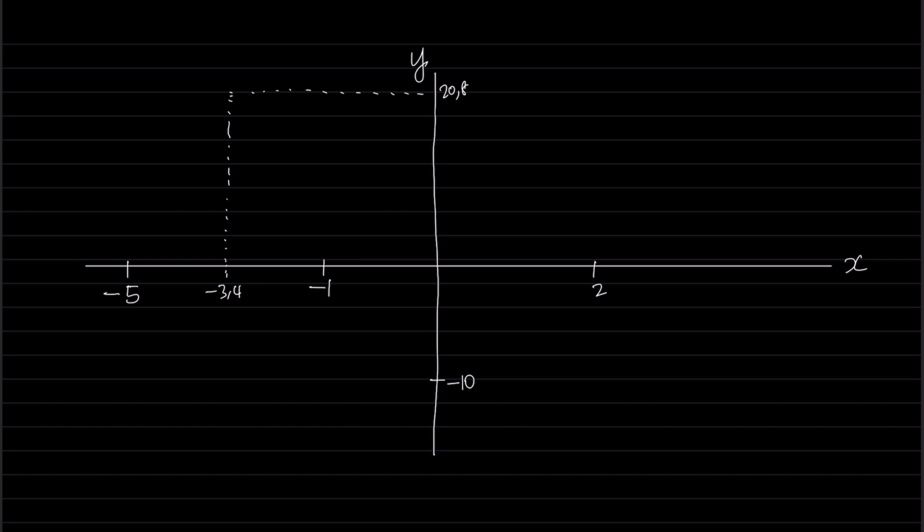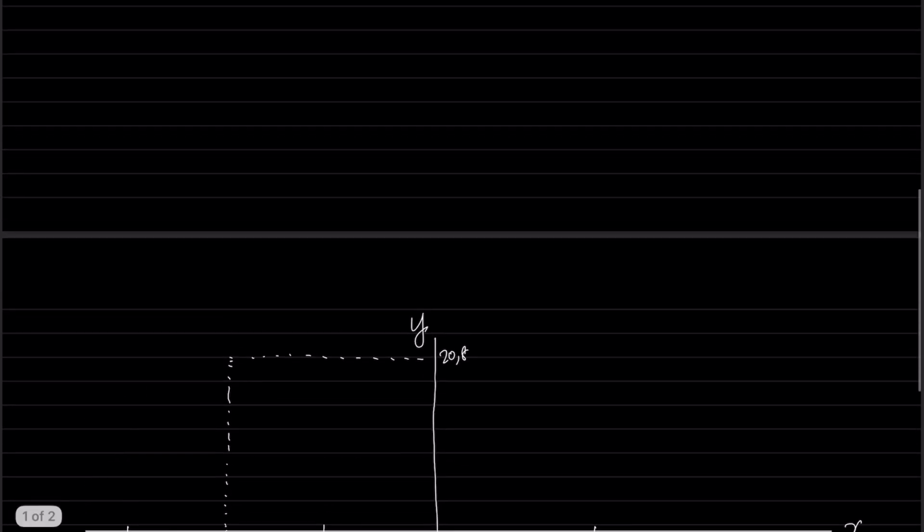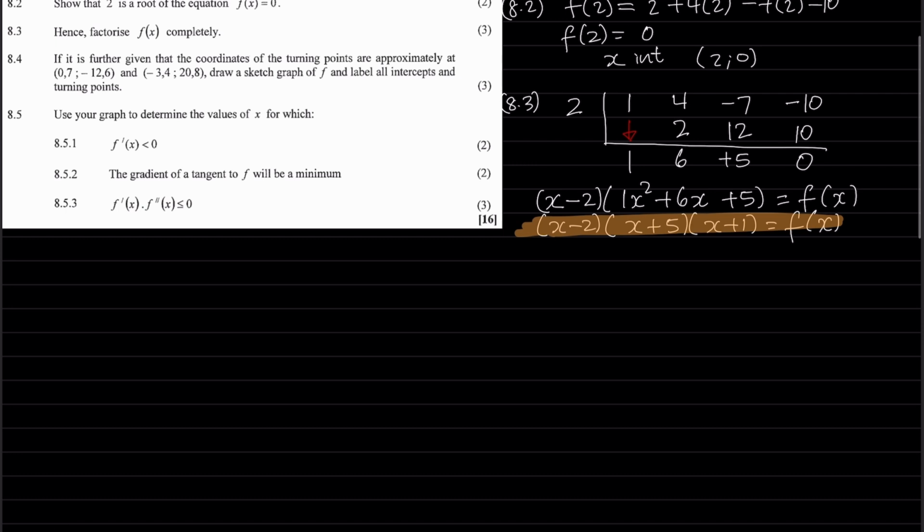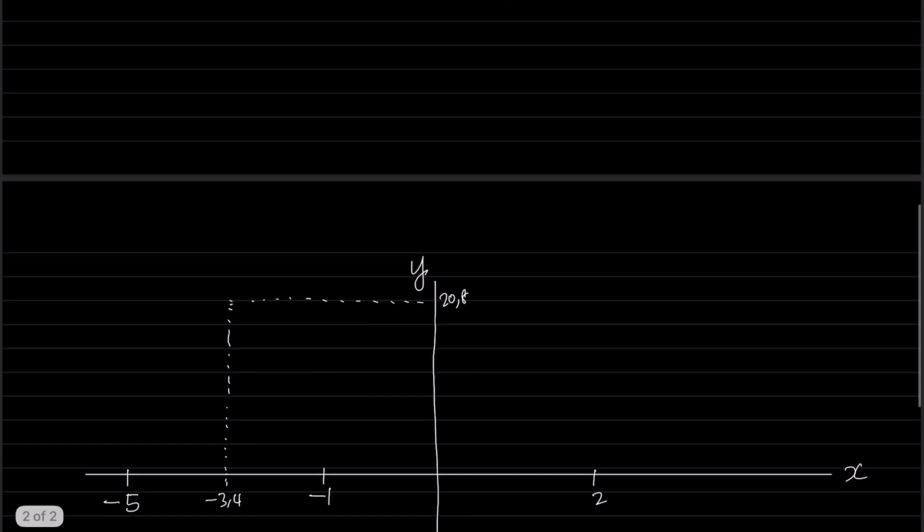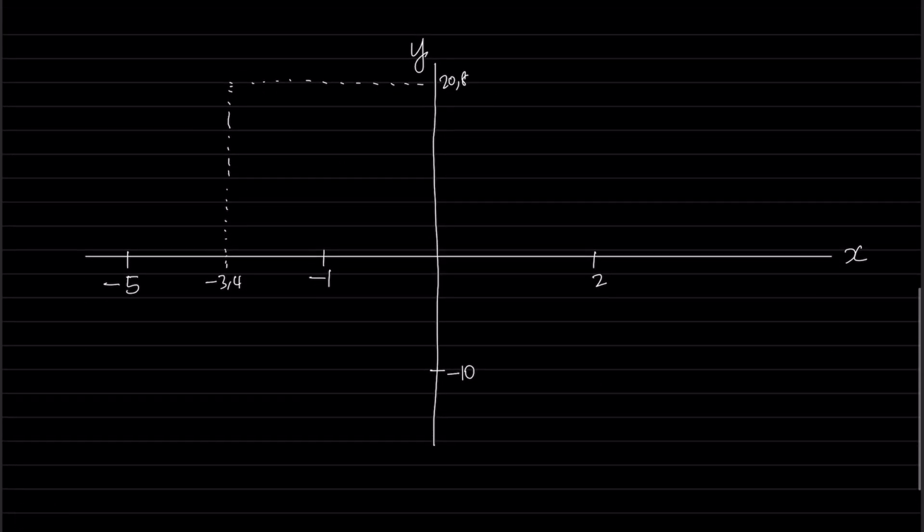And we have the other turning point, they tell us is what? 0.7, minus 12.6. So 0.7 is probably around here, and minus 12.6, roughly around there.